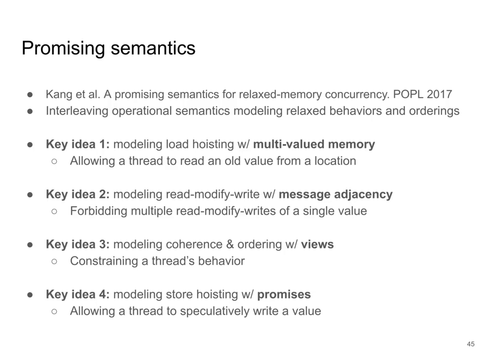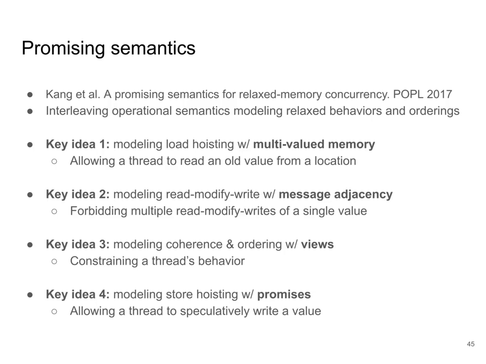So in order to model this, we are going to have a multivalued memory that tracks all the history of the execution, and then the load can read from an old value, so that effectively models the load hoisting. So I will show you an example of this later. Let me be more concrete about this idea in the later slides.